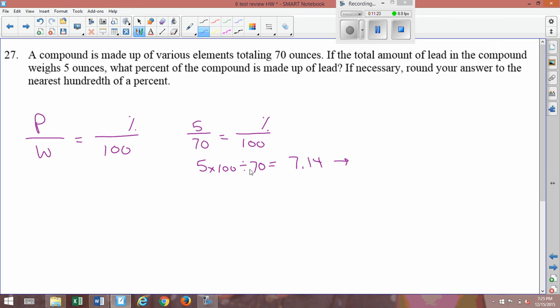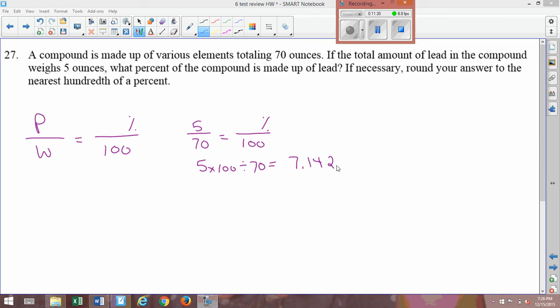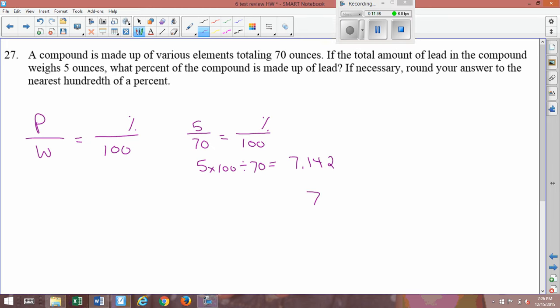You get 5 times 100 divided by 70 equals 7.14, and I have to check to see if that goes out further. If you divide the whole thing out, you're going to get 7.142, and the nearest hundredth of a percent is going to be 7.14.